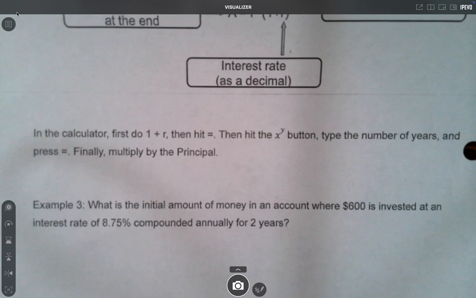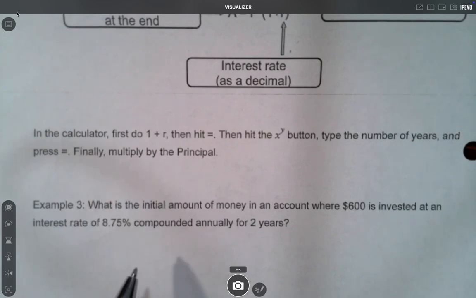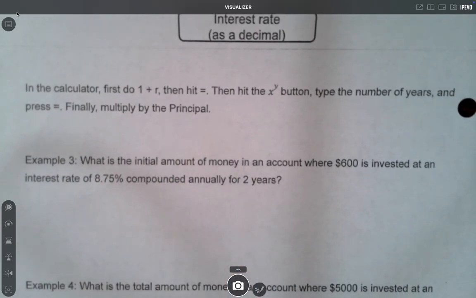Okay, so I'll show you this in just a moment. But let's actually set it up in number 3, then we'll apply this.